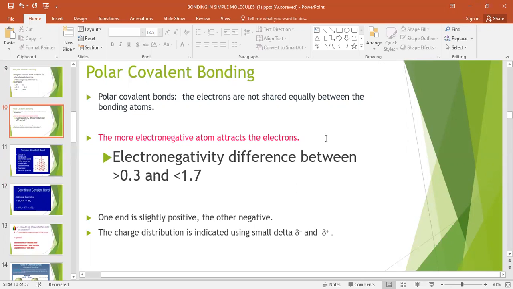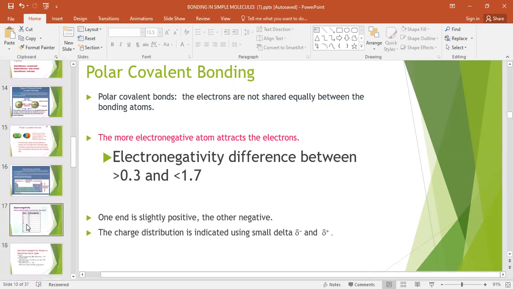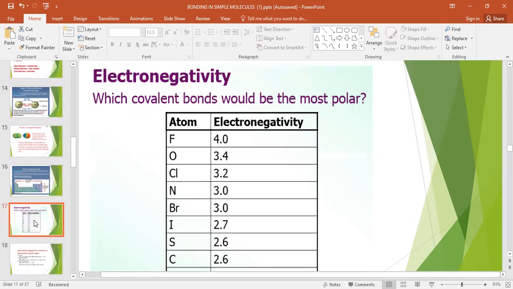Okay, see here, example. We got here 2.2 and here chlorine 3.2. So how will you subtract? Greater value minus smaller, not smaller minus greater.